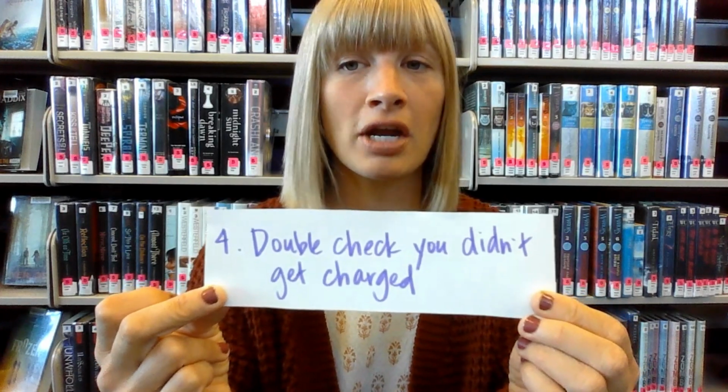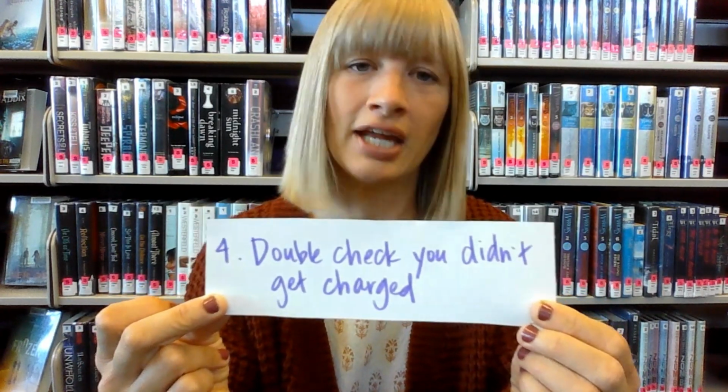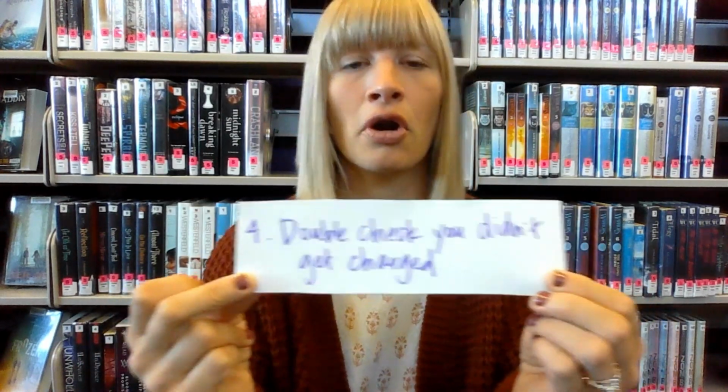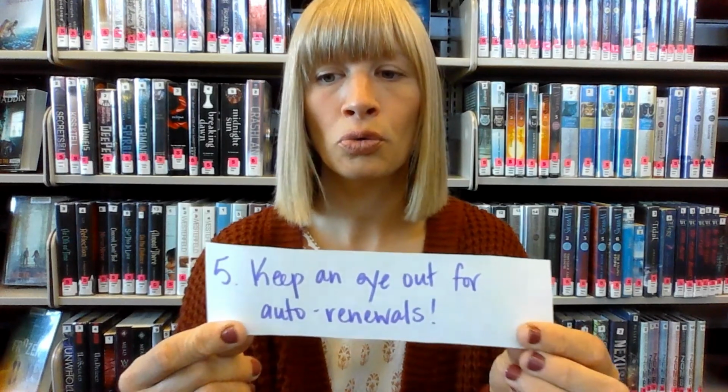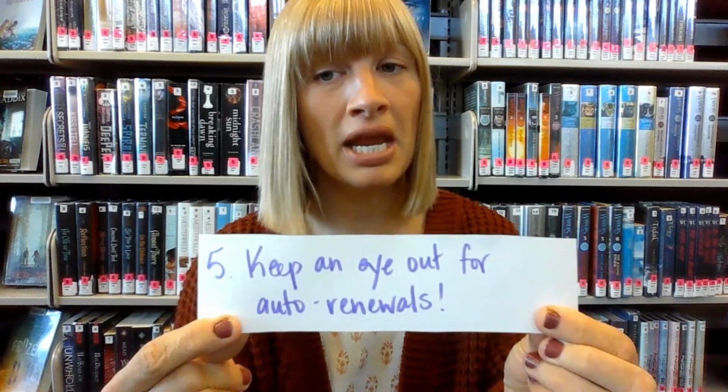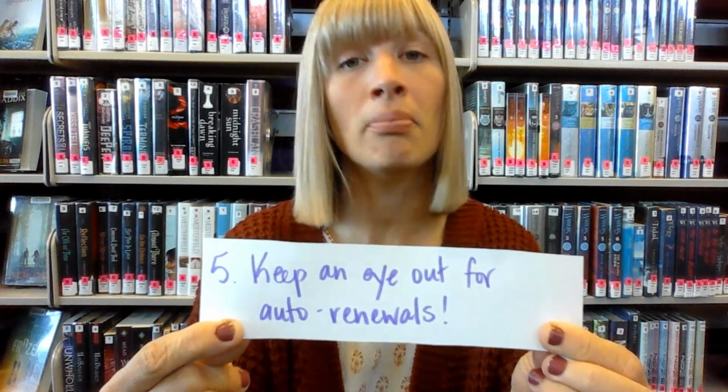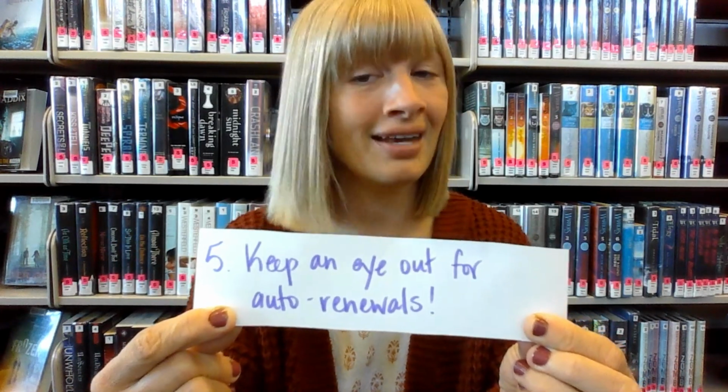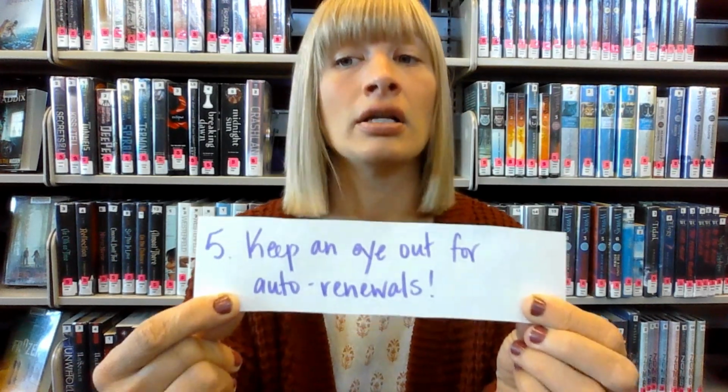And the FTC recommends keeping that written confirmation on file, aka don't delete your confirmation email, at least until you receive or are happy with the product you've paid for. Keep your receipts, essentially. And number 5, keep an eye out for auto renewals. That's the system Amazon was using to charge people monthly for Prime when they hadn't necessarily wanted it. Unless you cancel an auto renewal service, you'll continue to be charged every pay period.